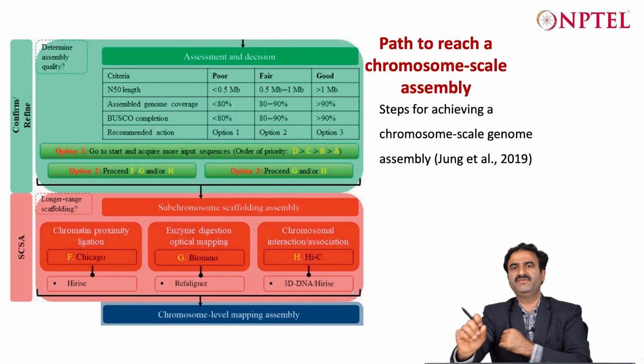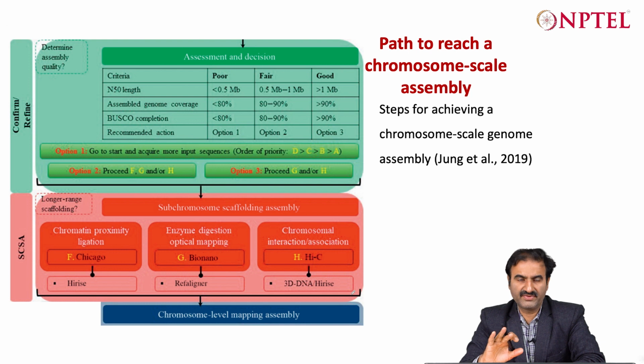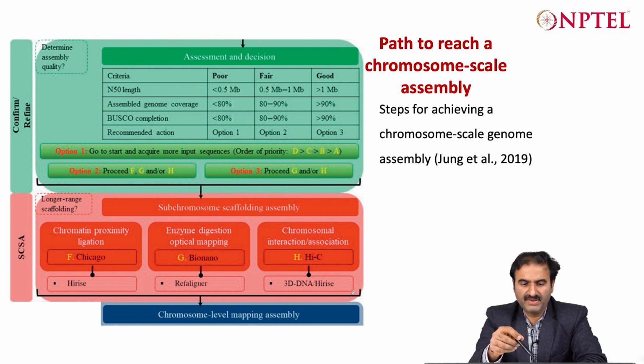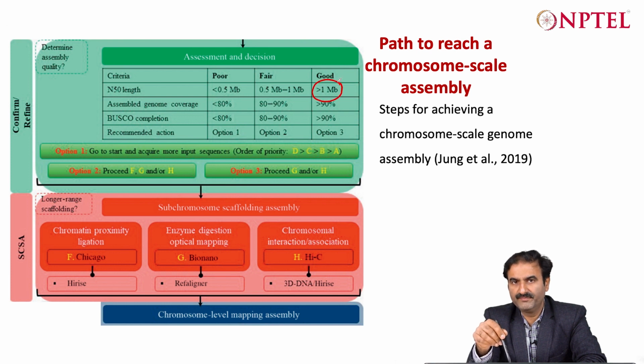Now for Hi-C, there are several requirements. You cannot do Hi-C ab initio, so you should always have a good quality assembly in hand. For example, based on N50, if the N50 of your assembly is more than 1 MB, then it is a good starting assembly for going for Hi-C.